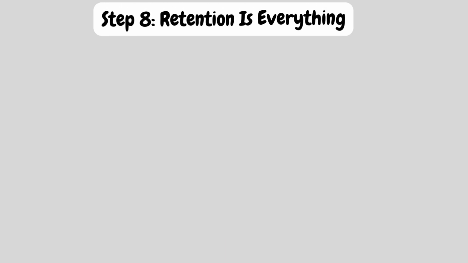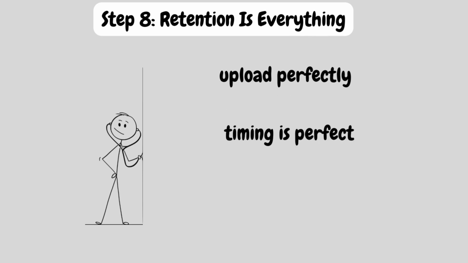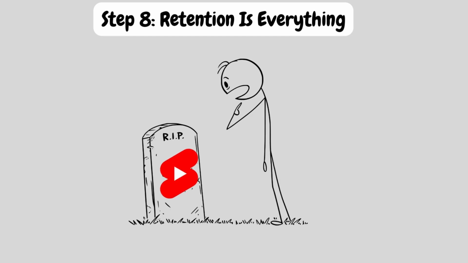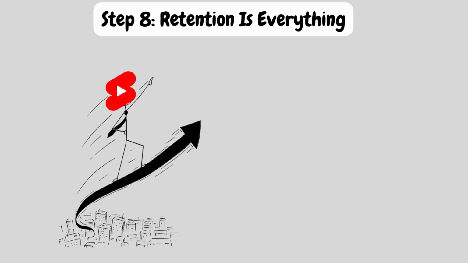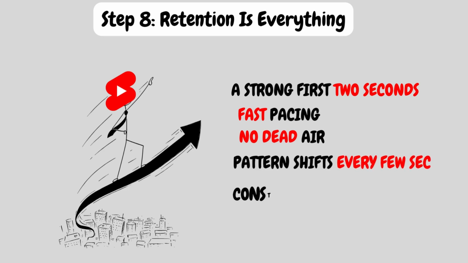Step 8. Retention is everything. Now, listen carefully. Even if you upload perfectly, even if your timing is perfect, even if your SEO is optimized, if viewers swipe away in 2 seconds, your short dies. Short success depends on a strong first 2 seconds, fast pacing, no dead air, pattern shifts every few seconds, constant micro-curiosity.